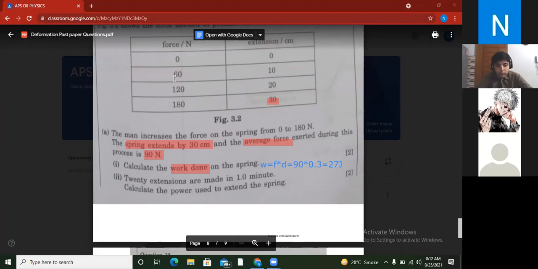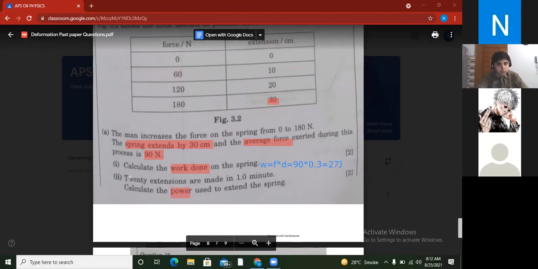Again, they are asking you to calculate power.